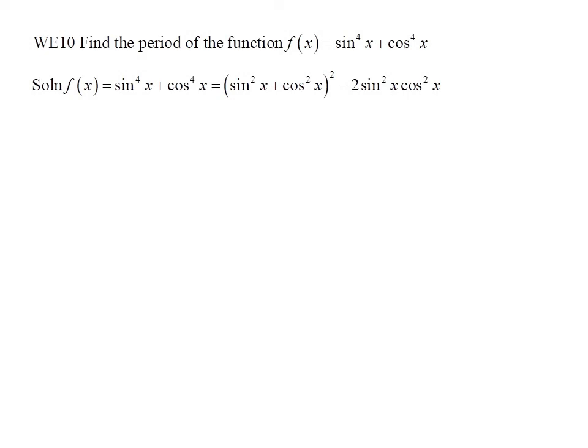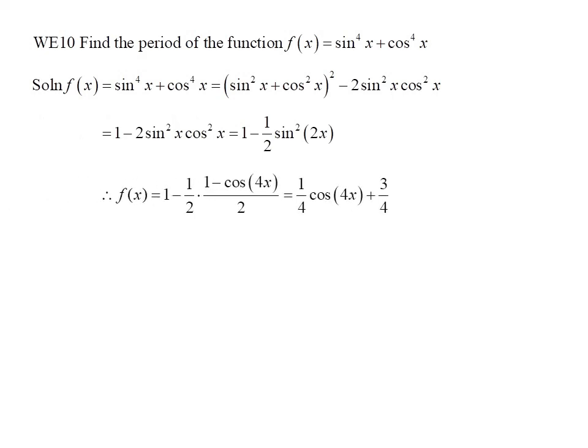Therefore, sine to the fourth of x plus cosine to the fourth of x equals (sine squared x plus cosine squared x) squared minus 2 sine squared x cosine squared x, as seen on the screen. The function is then simplified to 1 minus one half times sine squared 2x.